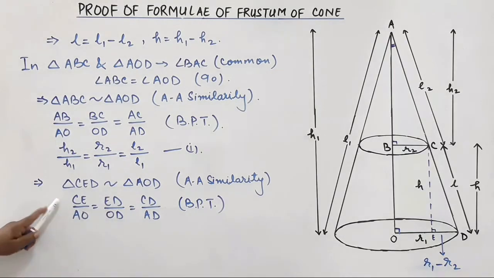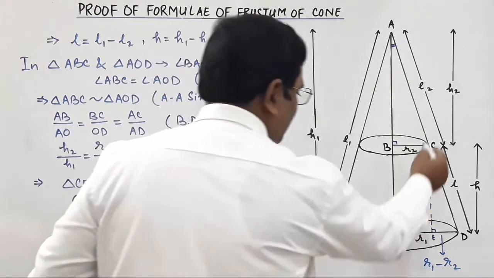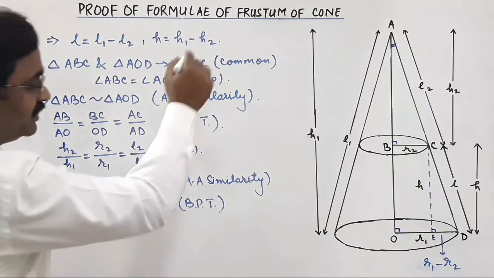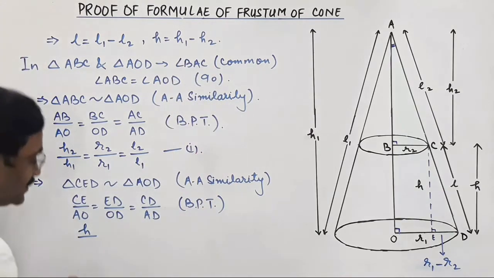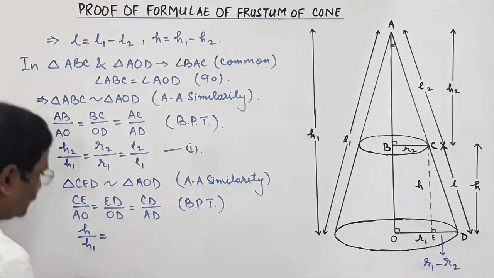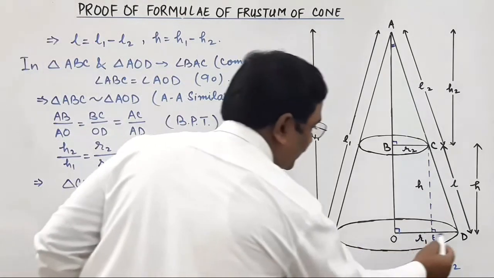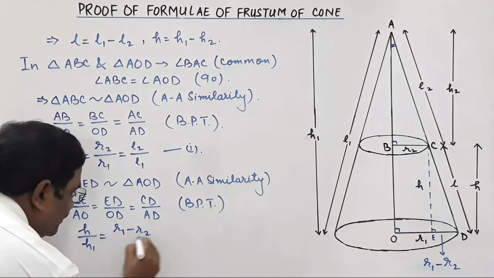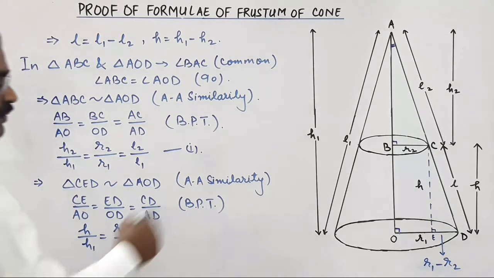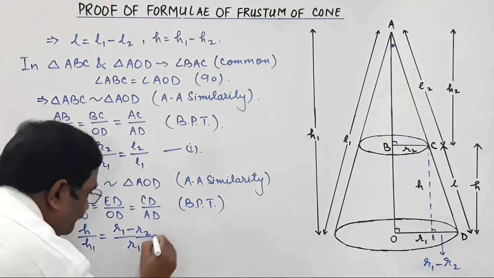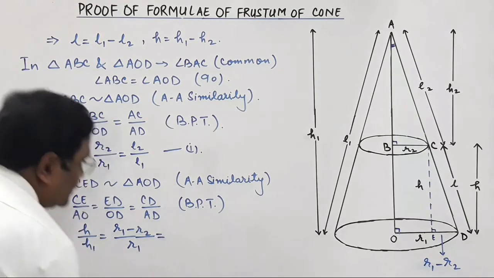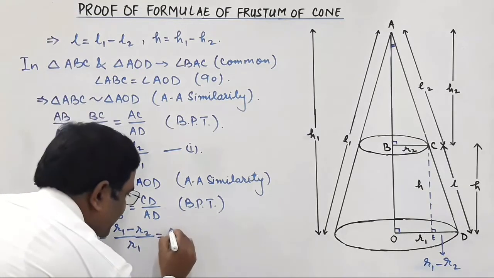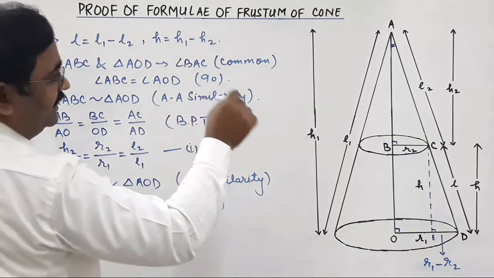So now substitute the values: CE, which is H, upon AO, the measure of AO, which is H1, equals ED, which is R1 minus R2, upon OD, which is R1, equals CD, which is L, upon AD, which is L1.